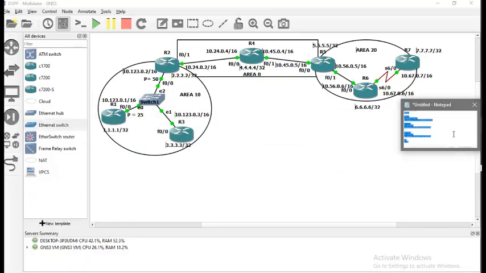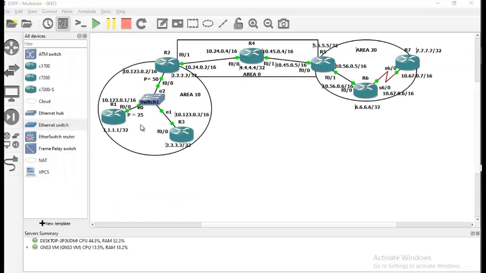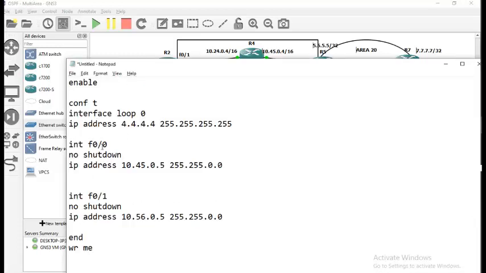Right, now let's do router 4. FastEthernet 0/1, 45, 0/0, 24.4.